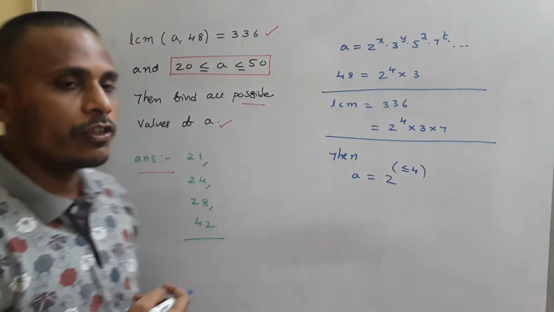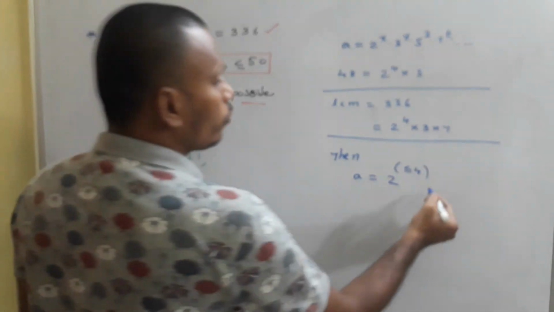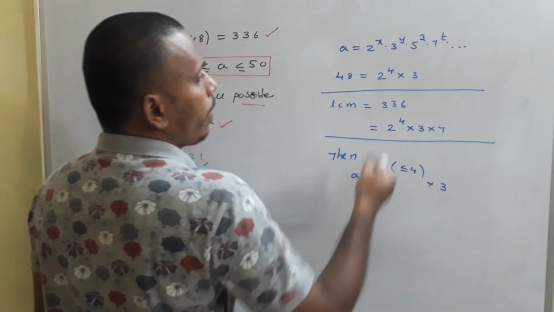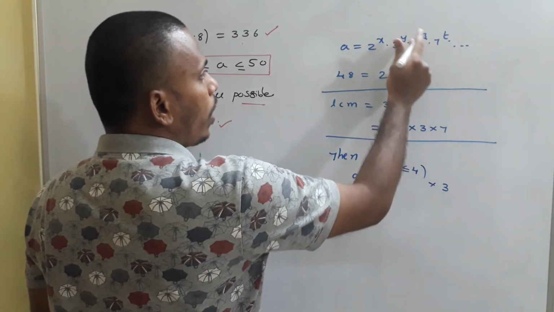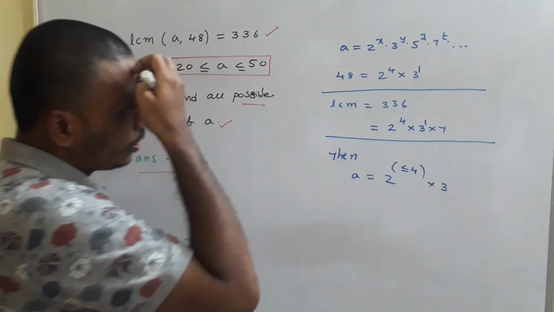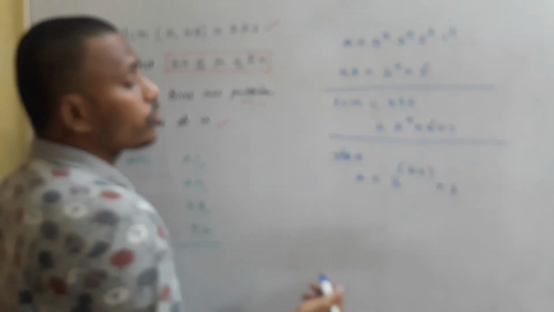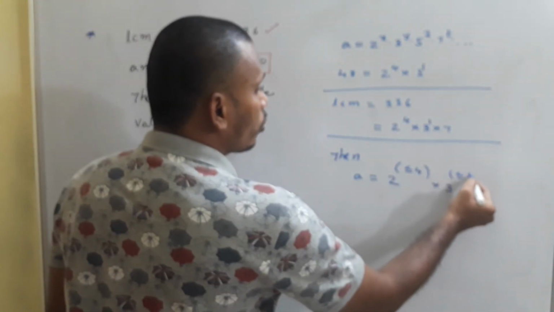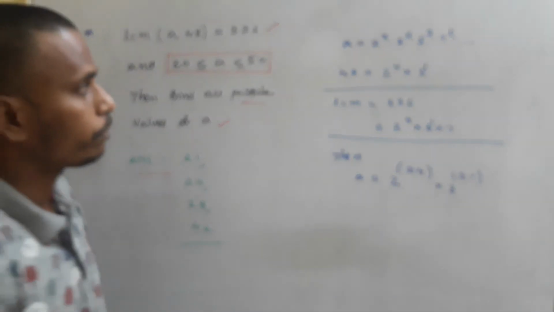Coming to 3, the maximum value of y and 1 is 1. So we can't take a number which is more than 1 in the place of y. So y may be less than or equals to 1.